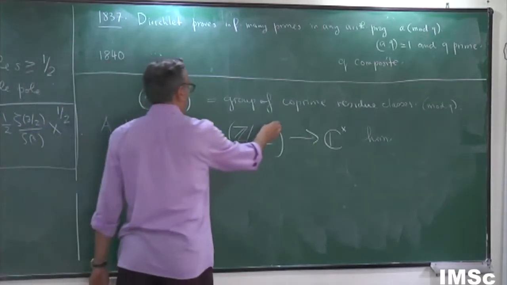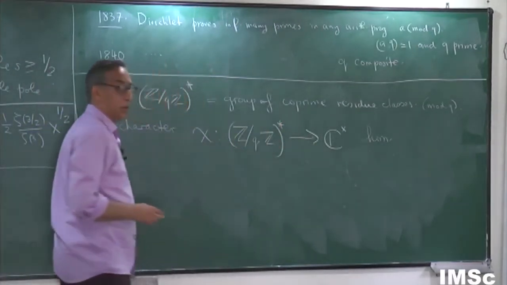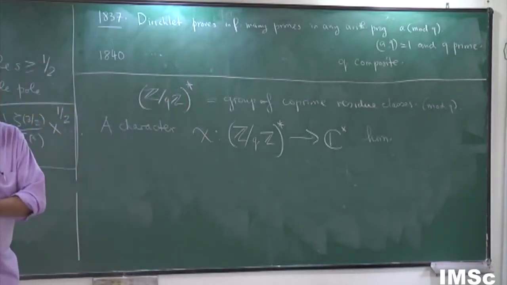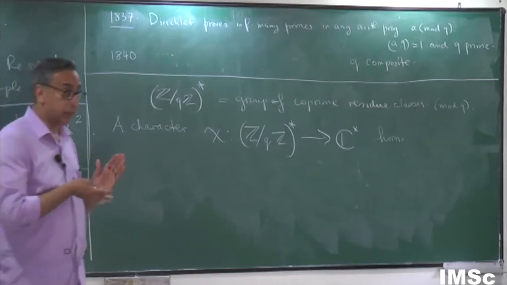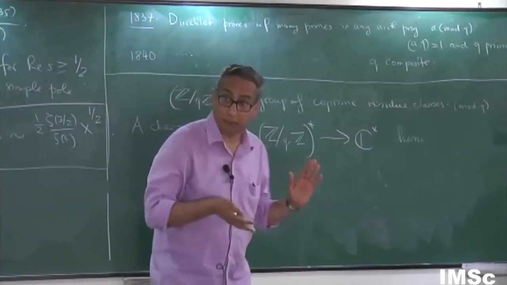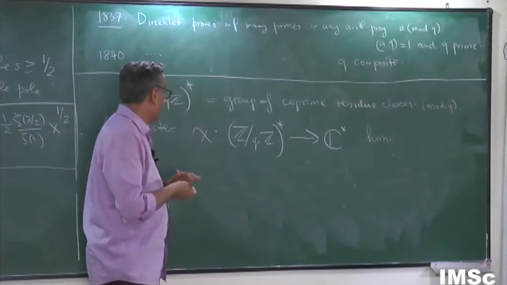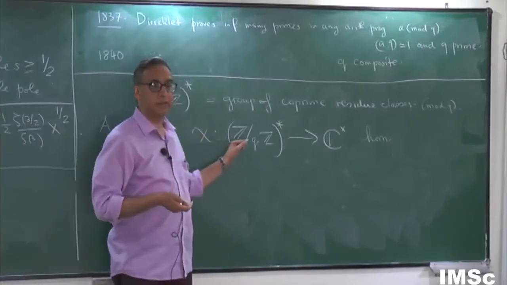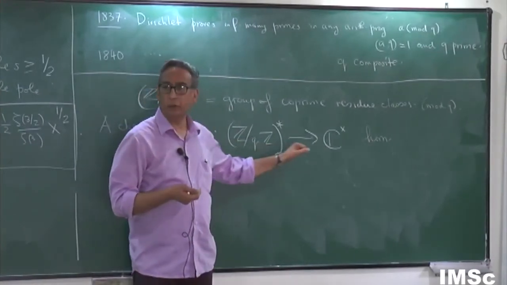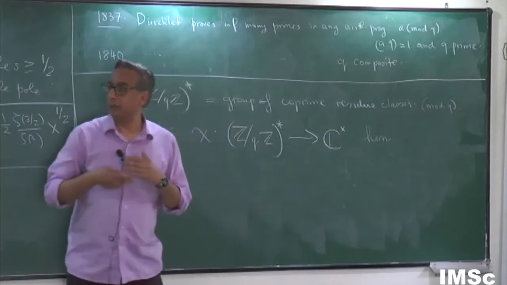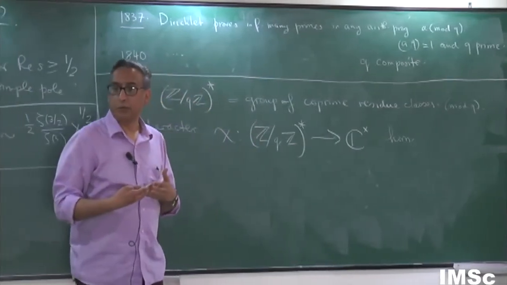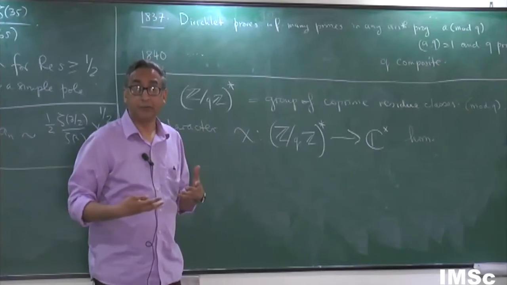Now, you all know the fundamental theorem of abelian groups, that every finite abelian group is isomorphic to a direct product of cyclic groups. So essentially, if I'm looking for homomorphisms of this particular abelian group, I can reduce my study to homomorphisms of cyclic groups.